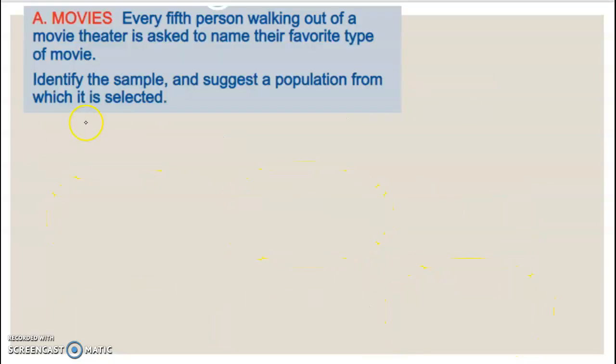What type of sample is this? Every 5th person walking out of a movie theater is asked to name their favorite type of movie. Okay? Well, which one would that be?